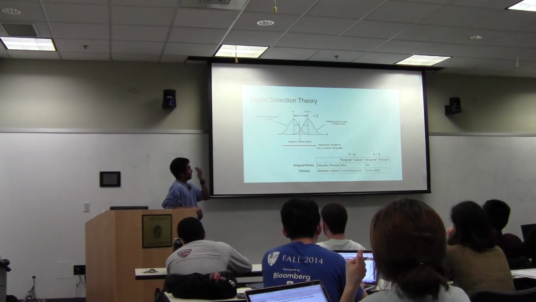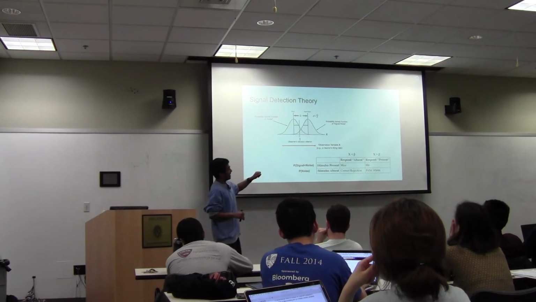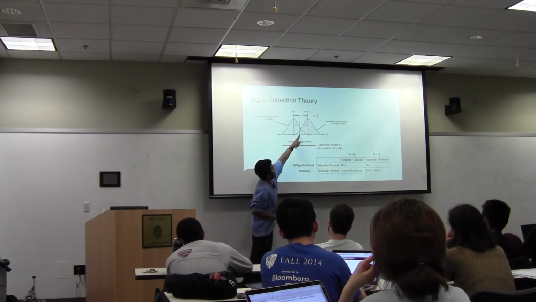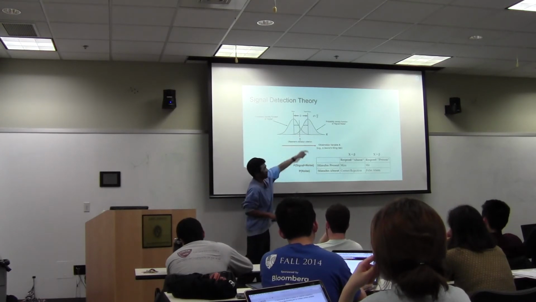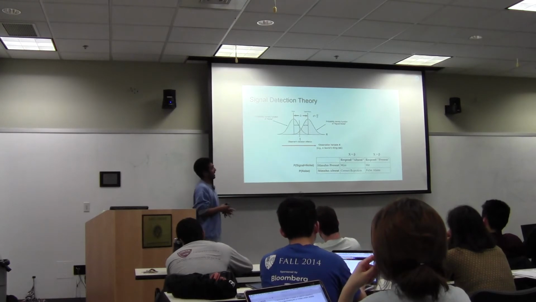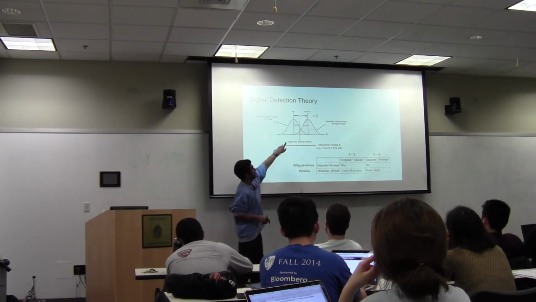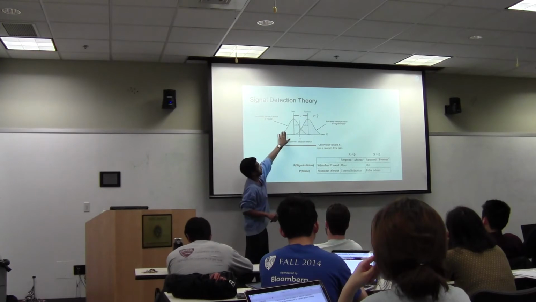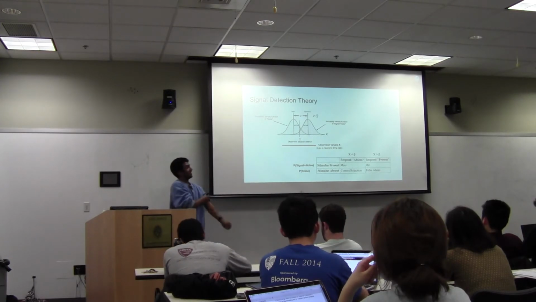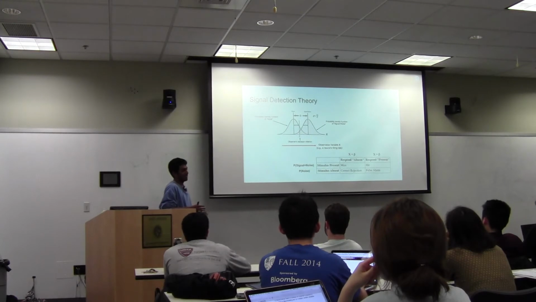So for everything less than beta, you say that there is no stimulus. That means that you will miss this portion of the signal plus noise distribution, and that you will correctly reject this larger portion of the noise distribution. I know that was a little confusing. Does anyone have any questions about that?